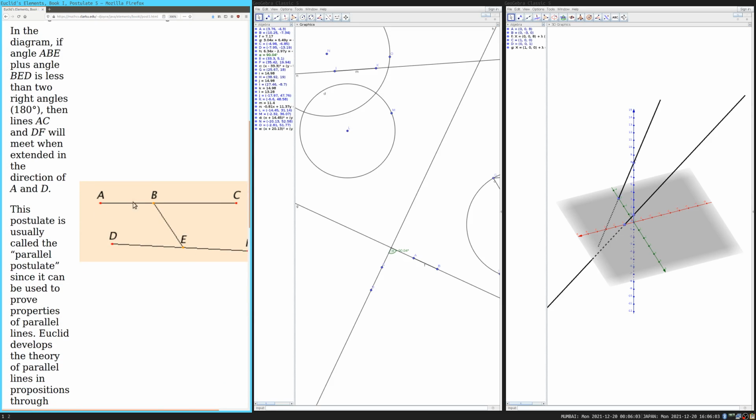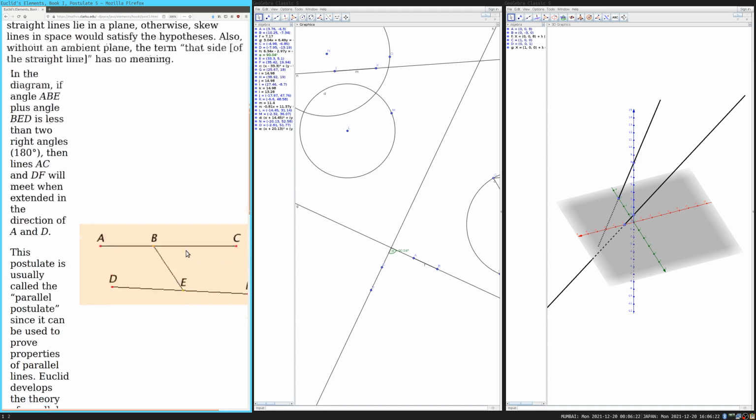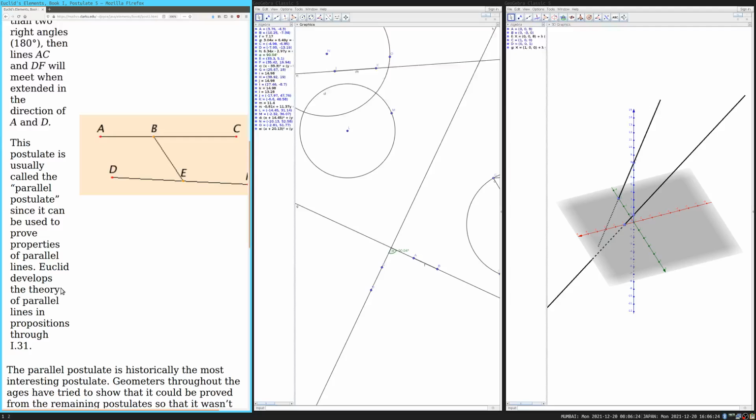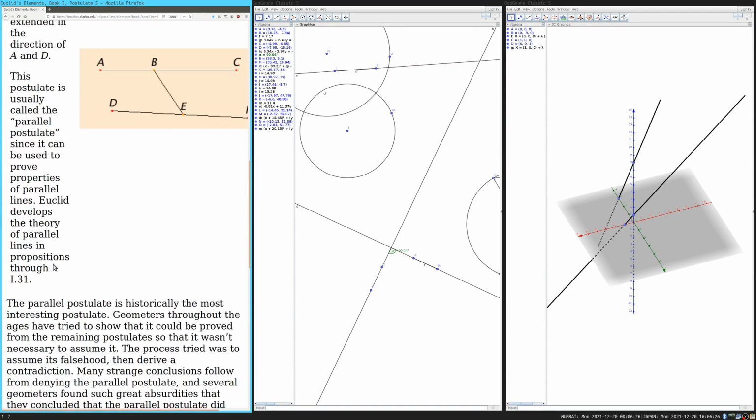If angle ABE plus angle BED, okay, we can add angles apparently, is less than two right angles, or 180 degrees, then these two lines will meet somewhere. And if it's greater than 180 degrees, like over here, they'll meet on the other side. And if it's exactly 180 degrees, then they'll be parallel.